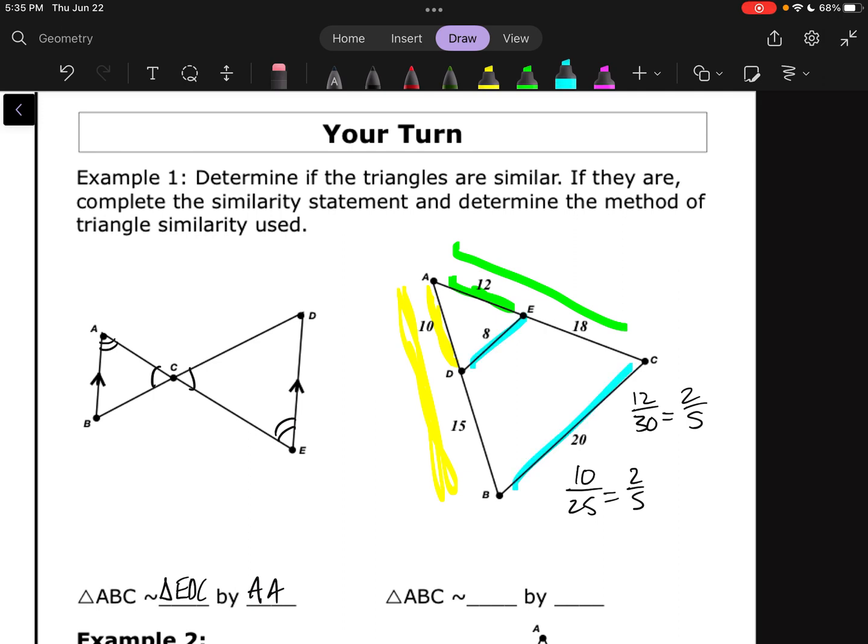And then 8 with 20 divided by 4 would be 2 over 5. So I'm going to say triangle ABC is similar to triangle ADE by side, side, side. Now, if you wanted to be fancy on that one, you could have noticed that both of them use angle A, so you could have actually done it with side angle side as well.